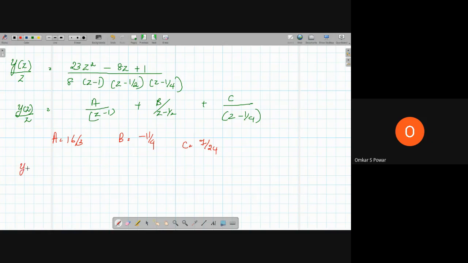So now you will get Y of z by z is equal to 16 by 3 divided by z minus 1, and 11 by 4 divided by z minus half, and 7 by 24 divided by z minus 1 by 4. So now you have got it in terms of Y of z by z.